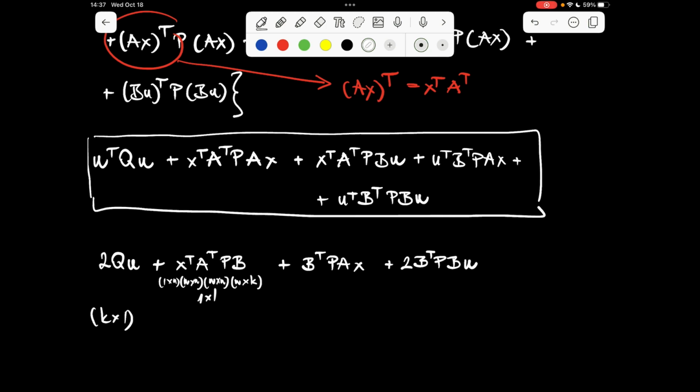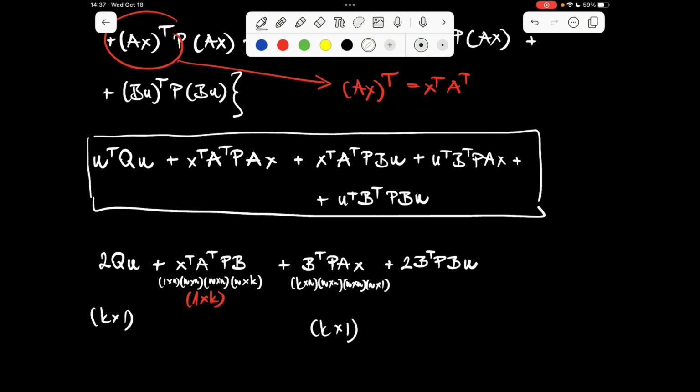This is a 1k matrix, which I will write in red, because trust me, this is going to be the exception. The second, this is kn, nn, nn, and n1. So altogether, this is a k1 vector.